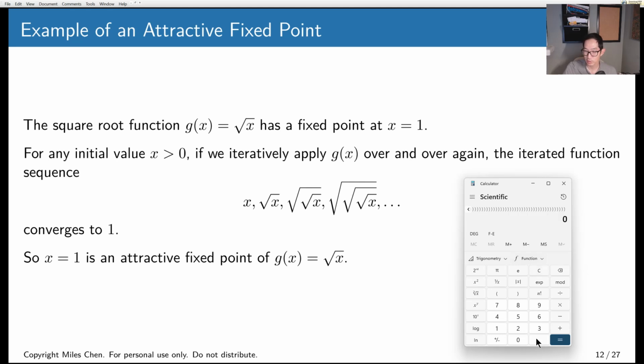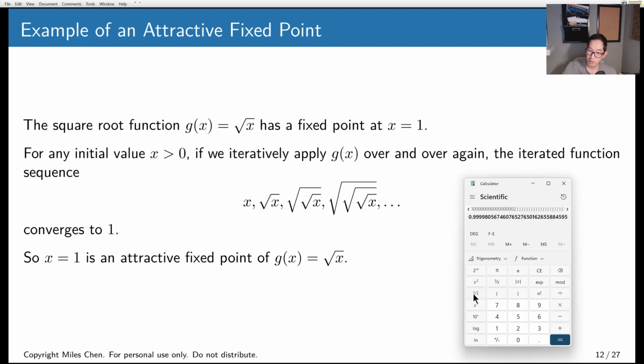I could start off with really small numbers, like 0.00000002. I take the square root of this and now I get 1.4 times 10 to the minus 9, 3.76 times 10 to the minus 5, 0.006, 0.078, 0.279, 0.528, 0.727, 0.852, 0.923, 0.9609, then 0.98, 0.99.